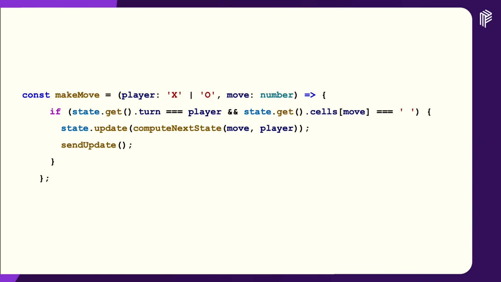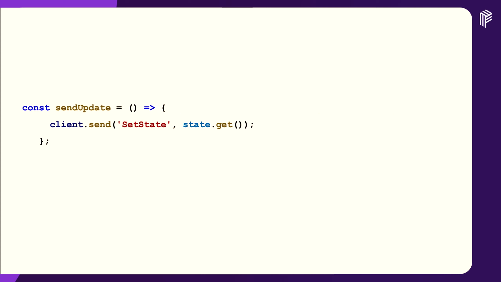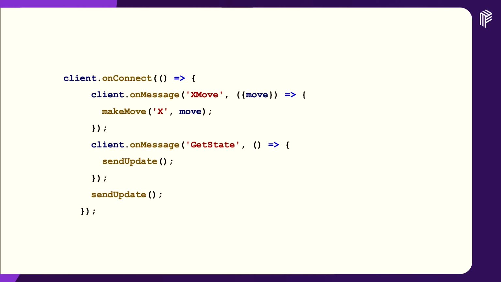Going through the API itself, in make move, we check the state of the application, and if it's correct, we compute the next state and send this state to our mobile phone. Send update is really straightforward, it just sends the message to your mobile.